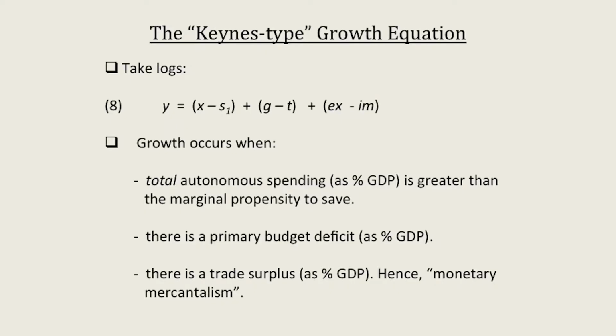And what does equation 8 say? Equation 8 says that growth occurs when, firstly, total autonomous spending as a percentage of GDP is greater than the marginal propensity to save. Because we're not questioning that investment equals savings here, like ex post. This is the total autonomous spending as a percentage of GDP and it has to be greater than the marginal propensity to save. If so, there will be growth.